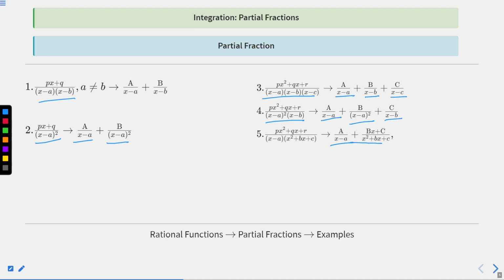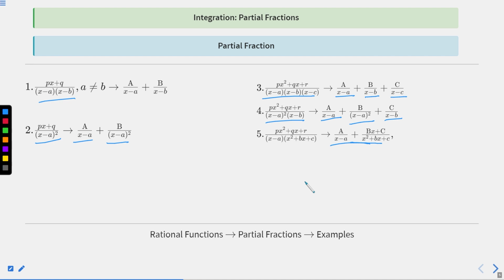You have to perform such transformations in order to deal with partial fractions. Whenever you have such an expression in the integrand, you will have to apply the corresponding form.